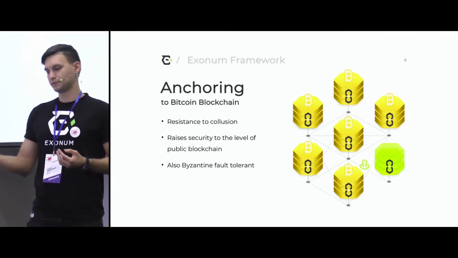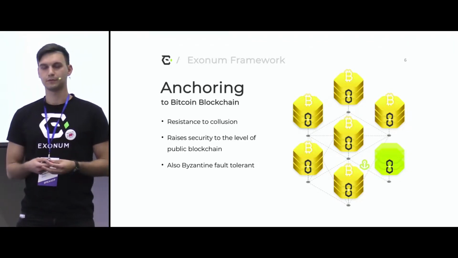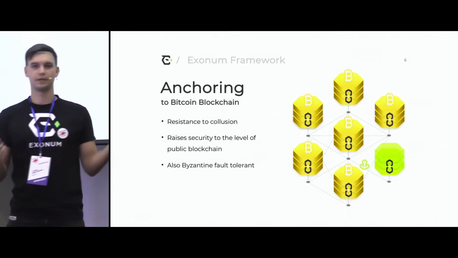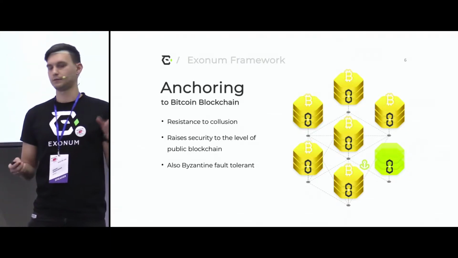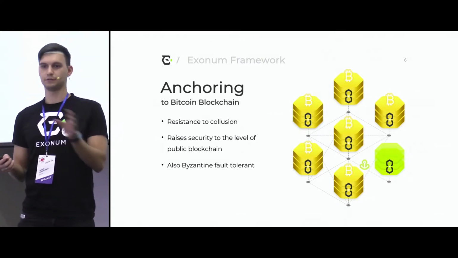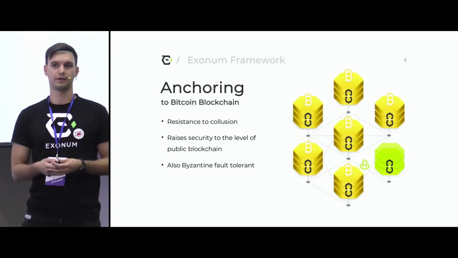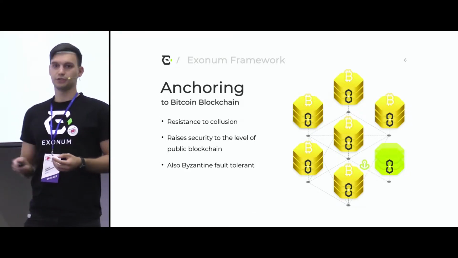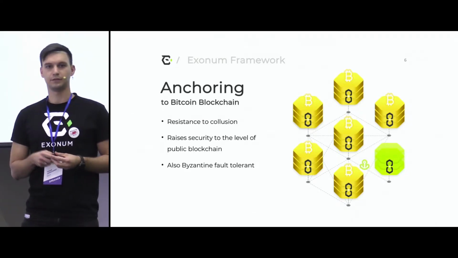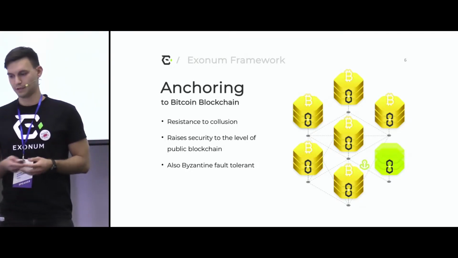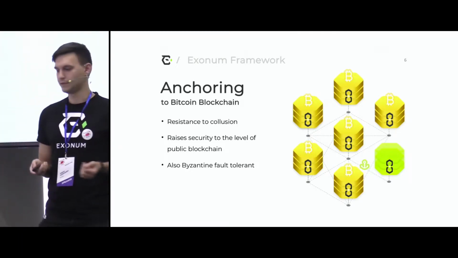For this case, we introduced the anchoring technology. We take the hash of the block, and for example, every 1,000th block, we publish this information to a public blockchain network. Especially, we are publishing the data to Bitcoin as the most secure solution nowadays.